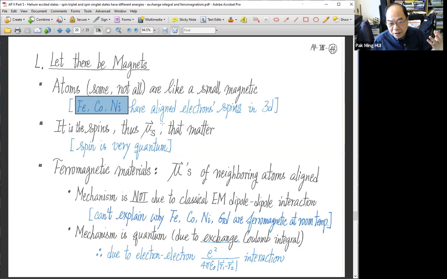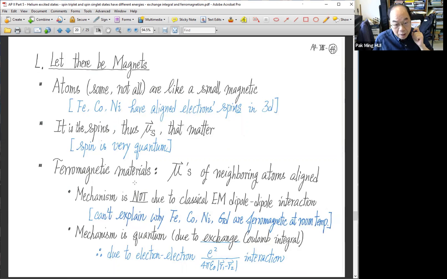So when you have this, there will be a very good spin angular momentum alignment, giving the atom a rather big net magnetic dipole moment. And that is the origin of magnetism. And in our discussion, we know that spin plays a role. Okay, so ferromagnetic material has the following property.